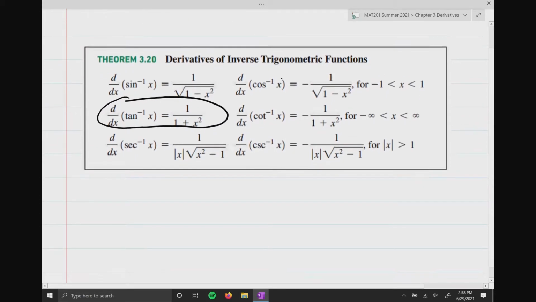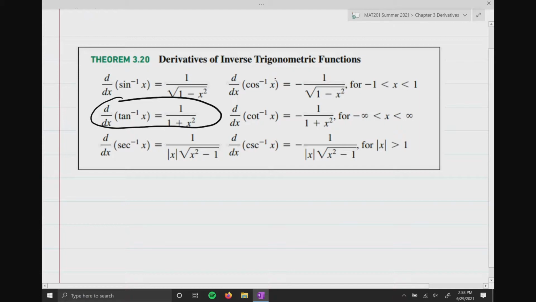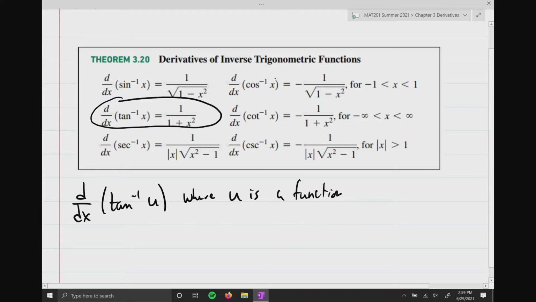And I'm going to give you the general rule, and this applies for all of them, okay? So d dx of tangent inverse of u, and we're going to say u is a function of x.